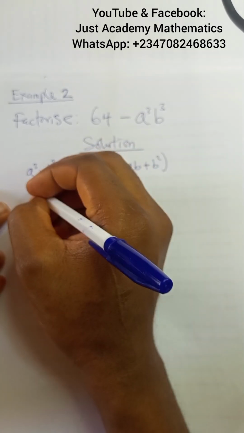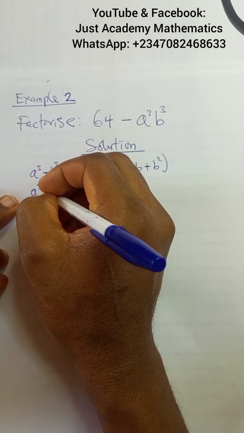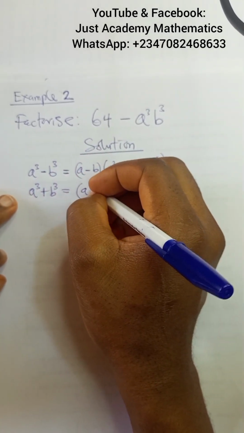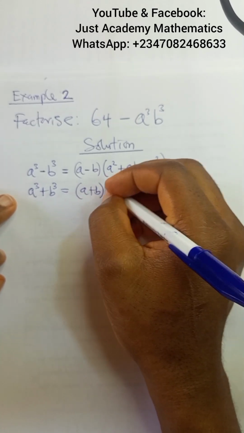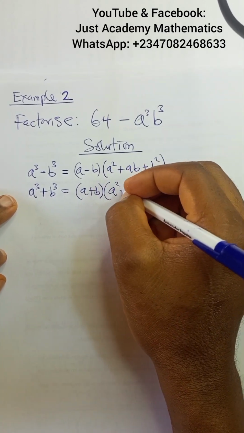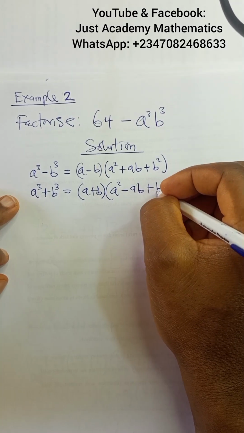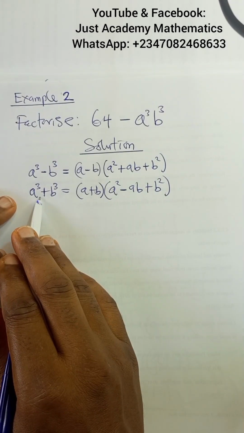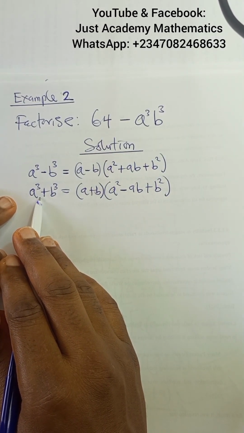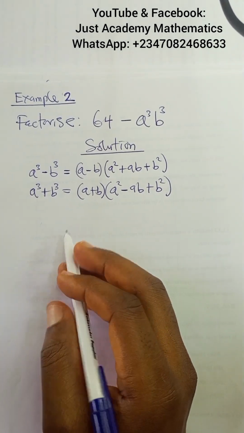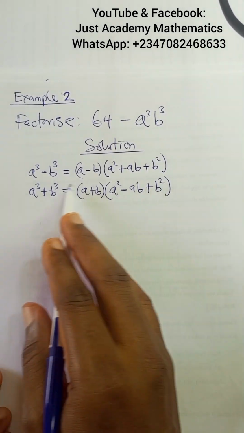Take note of this. Then take note of this one. The one of plus is the same thing as A plus B, here is A square minus AB plus B square. The expansion of this will give you this. We are going to apply this identity now.